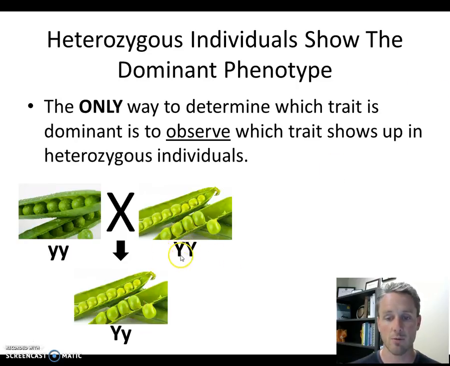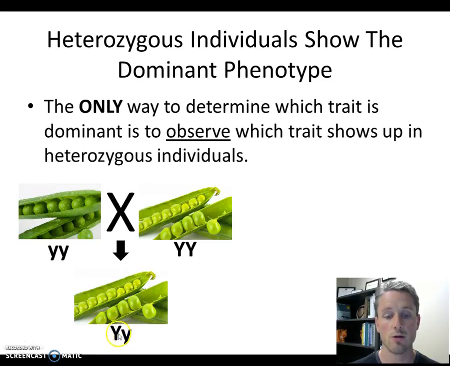And so the yellow plant will give the uppercase Y alleles, and the green plant will give the lowercase y alleles. When we cross these two plants together, the progeny get one of the y's from each parent. So from the yellow parent, we'll get an uppercase Y, and from the green parent, we'll get a lowercase y.